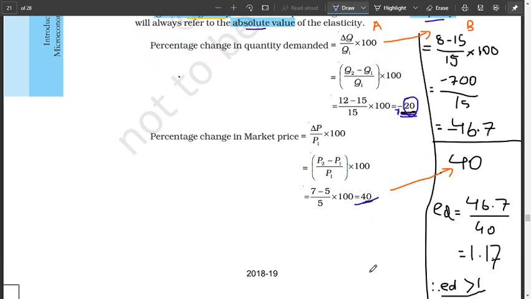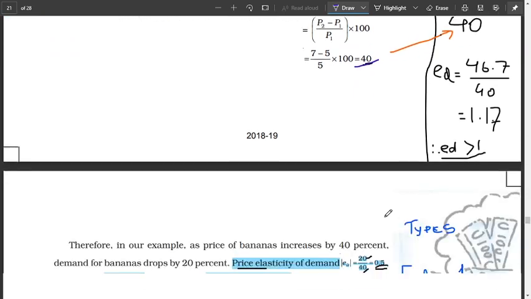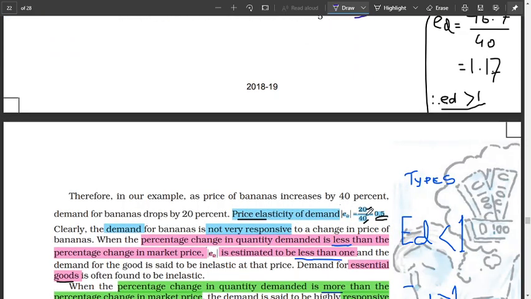Putting that in the formula, 20 by 40 is 0.5.